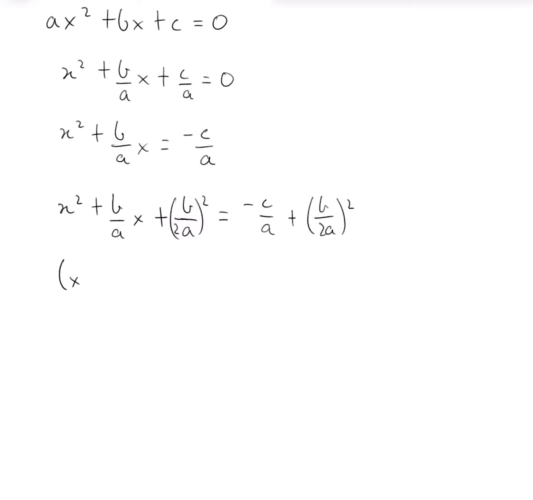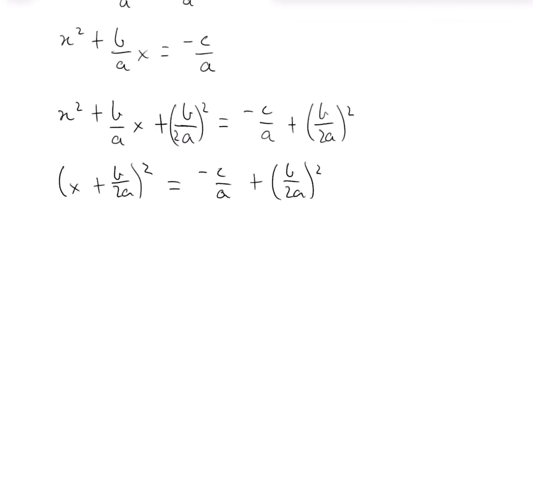If you expand this, you'll realize that you just get back this. So that just equals, what am I going to do? I'm not going to do anything yet. So just rewrite the right-hand side, b over 2a squared.